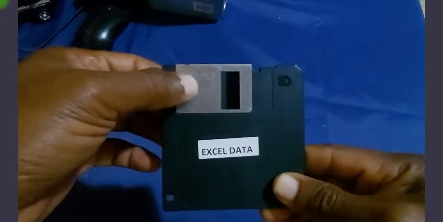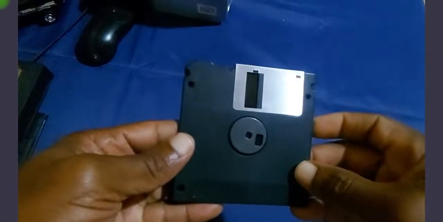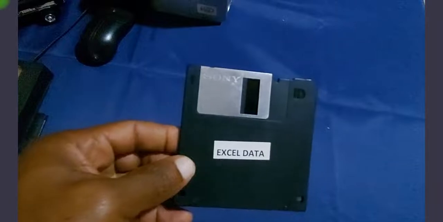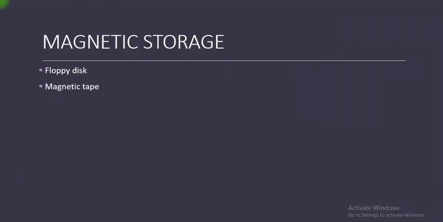The storage capacity maxes out at 1.4 megabytes. Can you imagine that? It is so small that even nowadays, in 2022, you would not be able to fit one track from an album on a floppy disk. So they are pretty much obsolete.